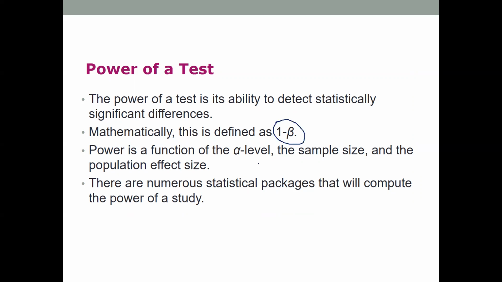Power is a function of the alpha level, the sample size, and the population effect size. There are numerous statistical packages that will help you compute the power of a study.